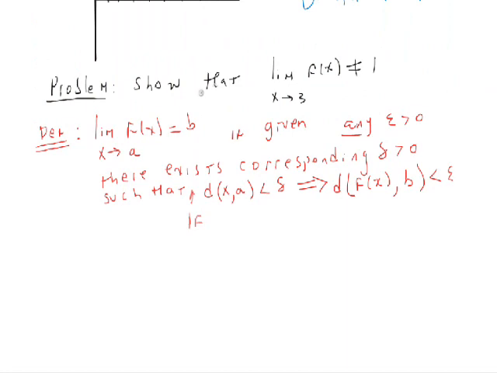Of course, b is the limit. So that's what it means for a function to have limit b as x approaches a.